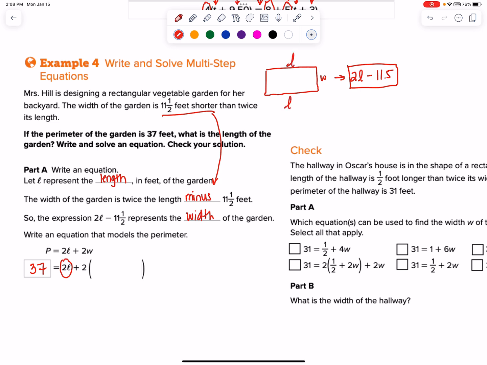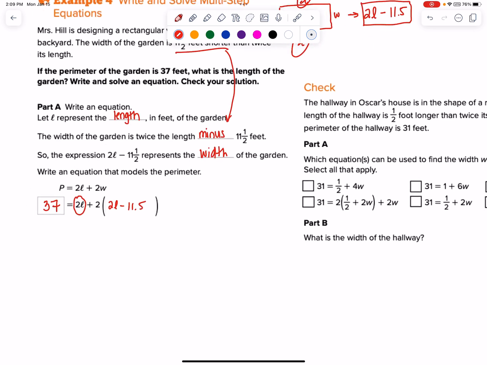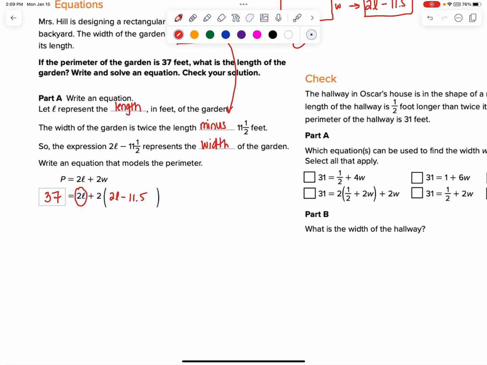If we're adding up, we'd have to add this side plus this side. So that's what the 2L is, plus 2 of the width. And what did we say the width was? Well, we said the width was 2 times the length minus 11.5. So there's our equation, and we can go ahead and solve this out now.